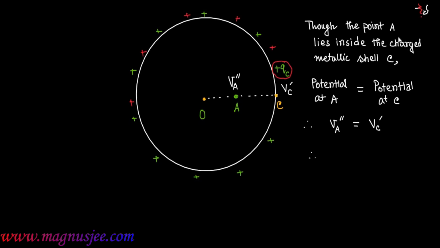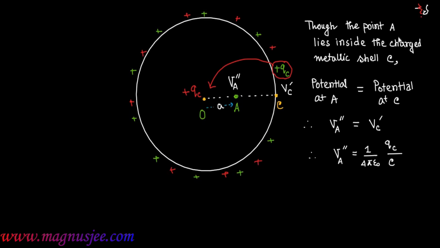Now, this plus QC charge is uniformly distributed over the surface, but this QC charge appears to be concentrated at the center O of the shell. That's why VA double prime is equal to 1 by 4 pi epsilon 0 QC divided by c. Though we are going to find the potential at the point A due to the charge QC, we have to divide the charge QC by the radius of the shell C, that is QC is divided by small c.